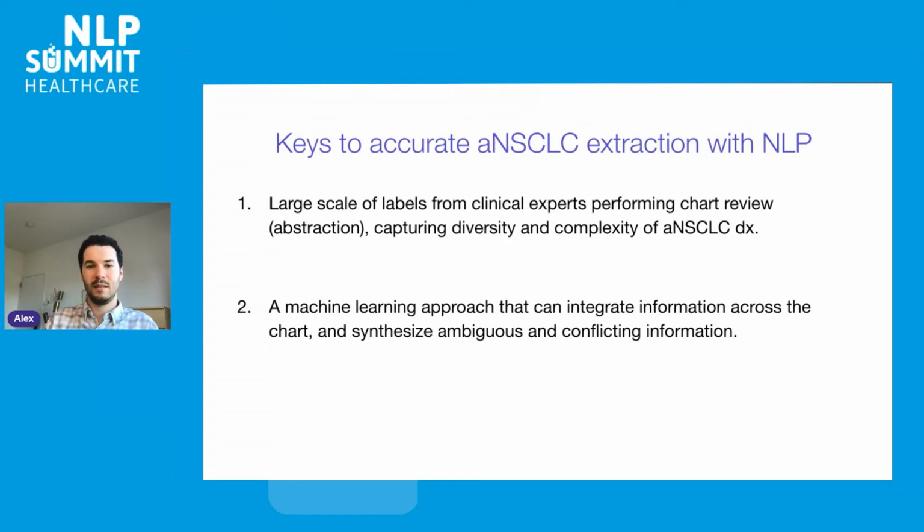The second is a machine learning approach that can effectively learn from these labels and integrate information and synthesize conflicting pieces of information. At Flatiron, we're well positioned to approach this problem because we have a large volume of labels from our expert abstraction team. So let's get into the details now of how our machine learning approach works.